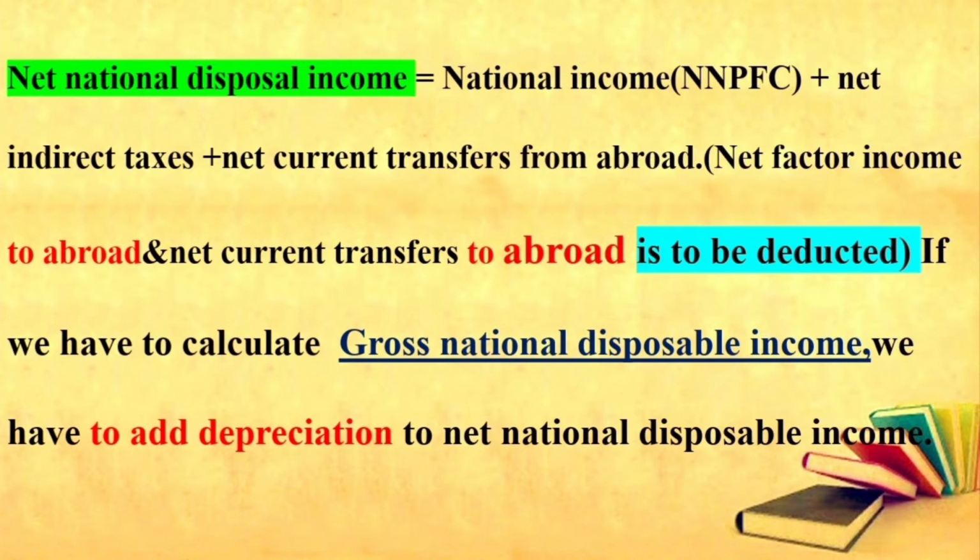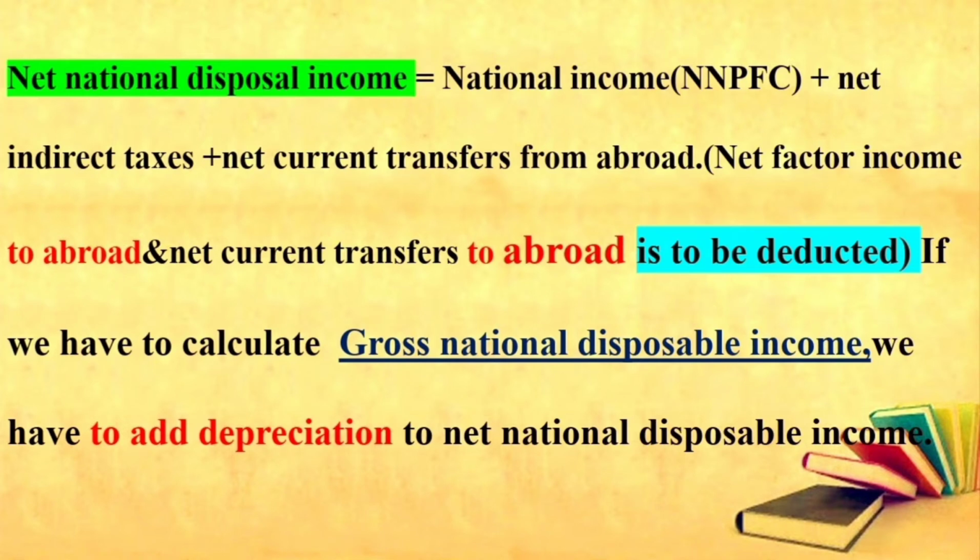National income, that is NNP at factor cost, net national product at factor cost, does not include net indirect taxes. Net indirect taxes is a transfer income to government. So, national income does not include net indirect taxes.